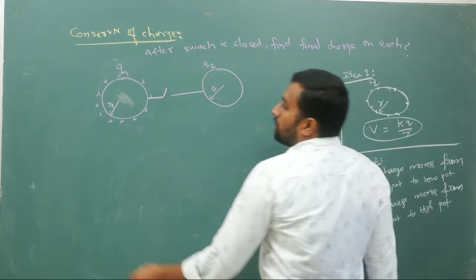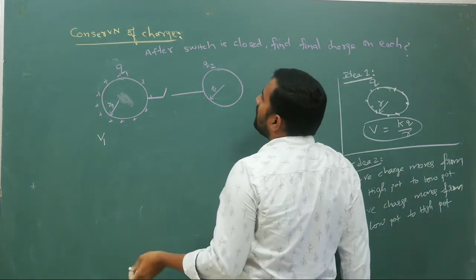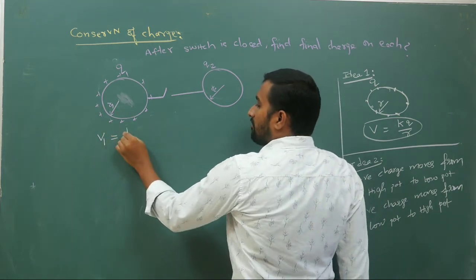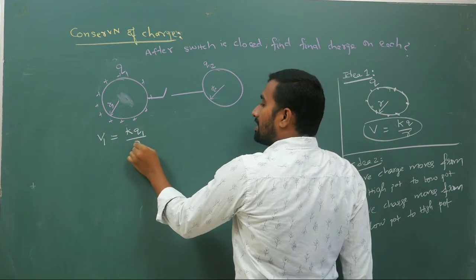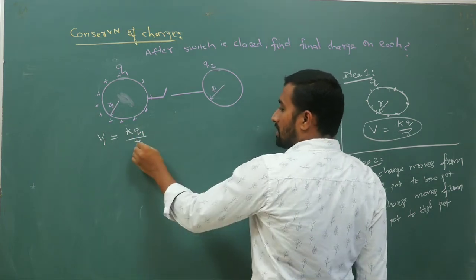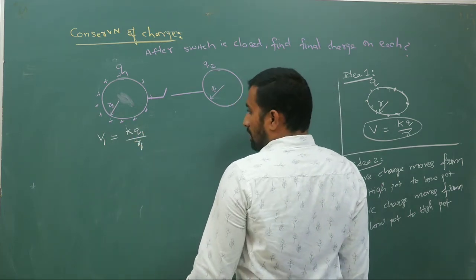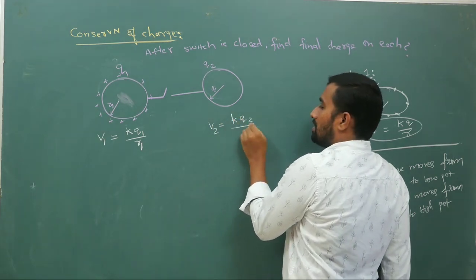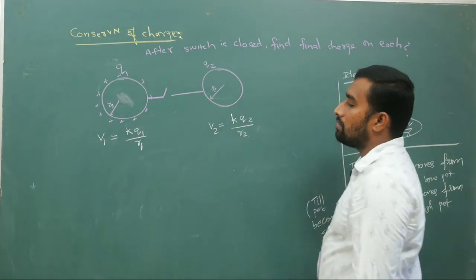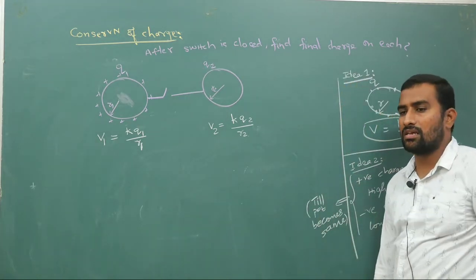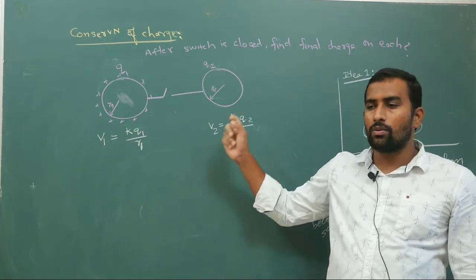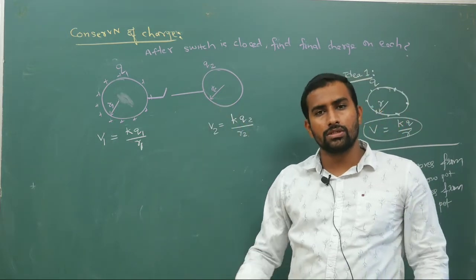Now if you look at this figure, if the charge transferred is asked, you calculate the potential: V1 is KQ1 by R1. What is K? I will tell you later. Next, potential V2 is K times Q2 by R2. Now before solving this question itself, I am telling you, if these potentials are equal, what is the charge transferred? 0.